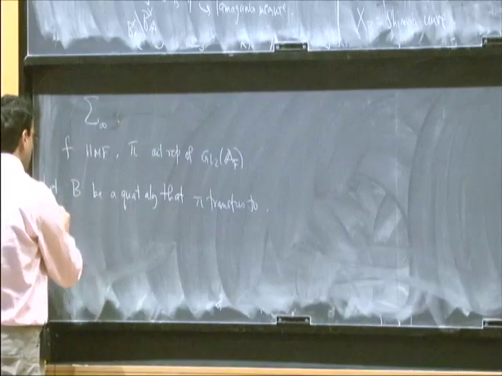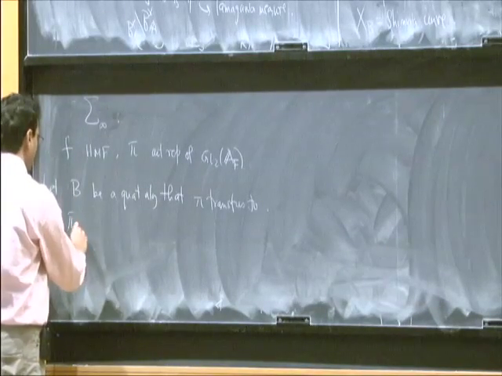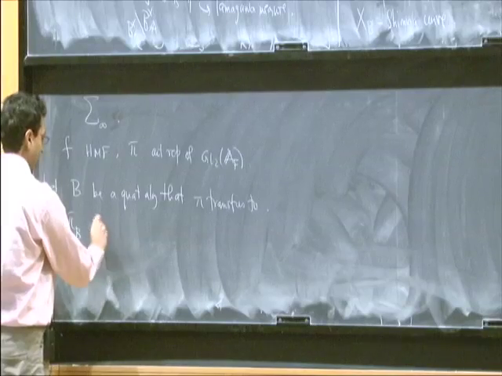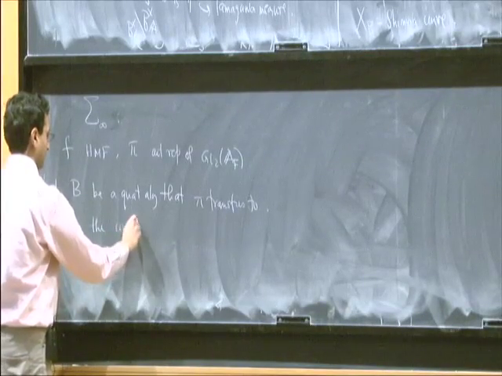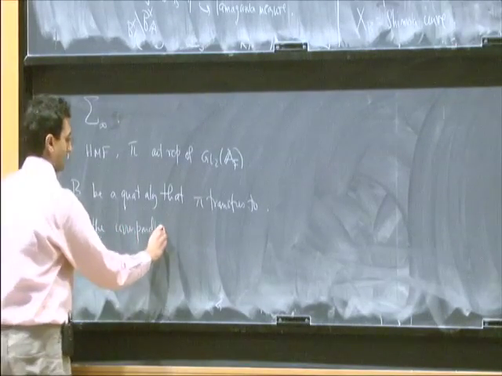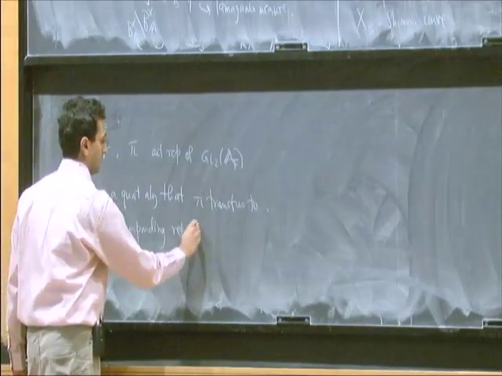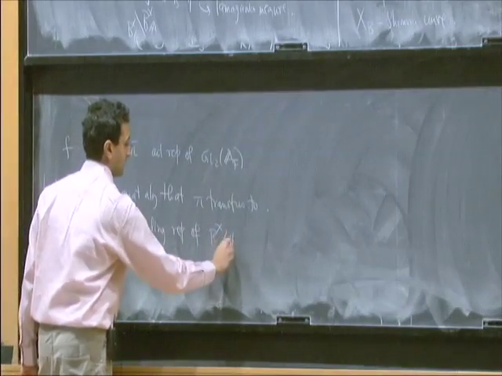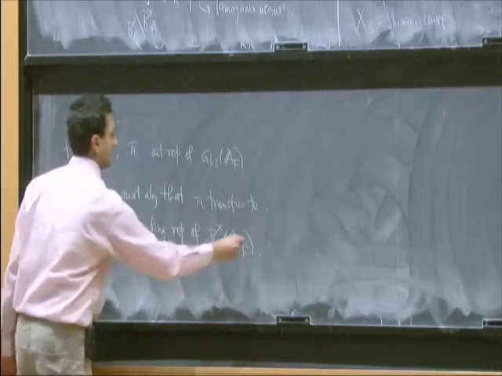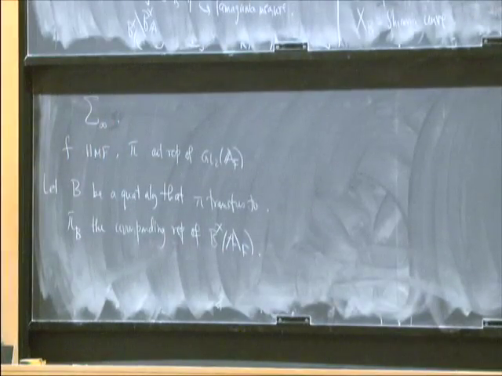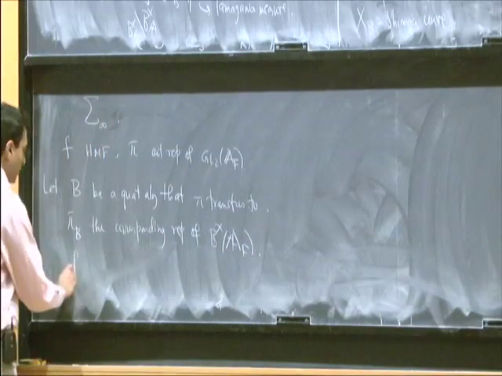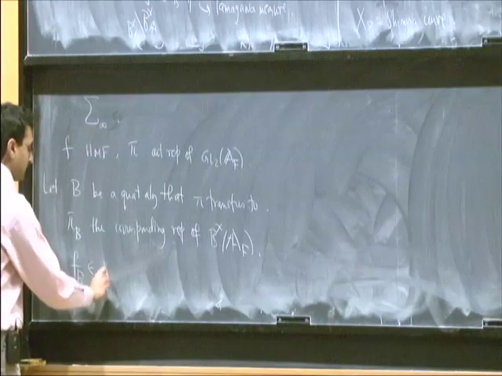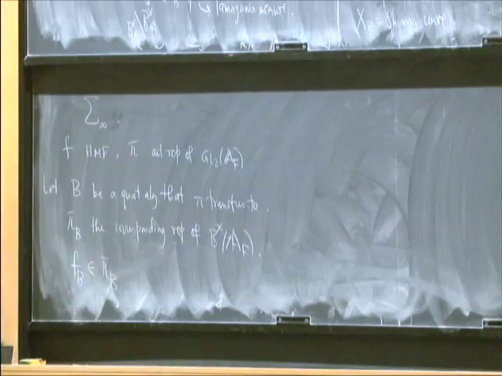And so you can look at pi_B, the corresponding representation on B cross A_F. And what I want to do is pick a form f_B inside pi_B, which is normalized in some way.